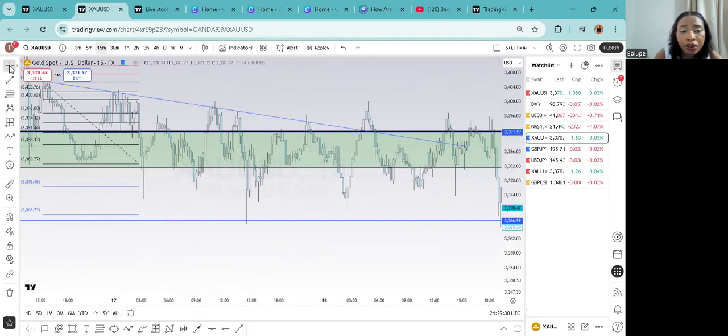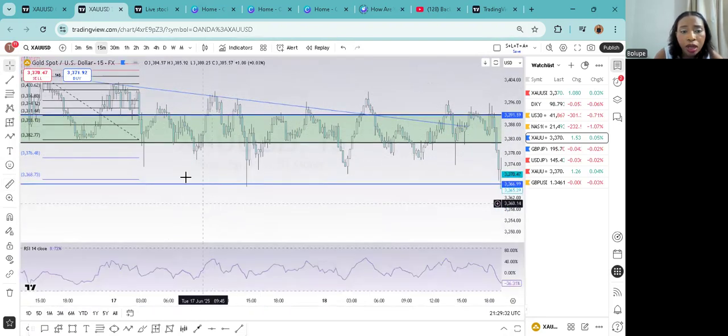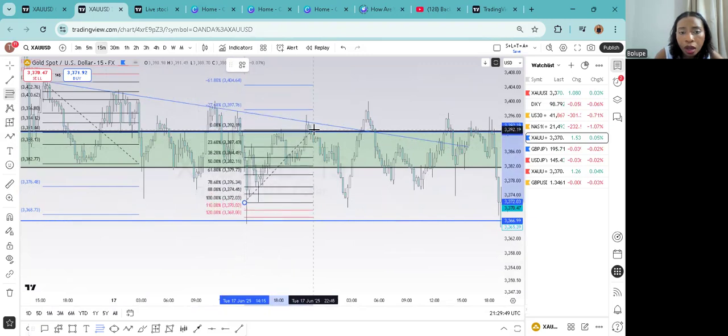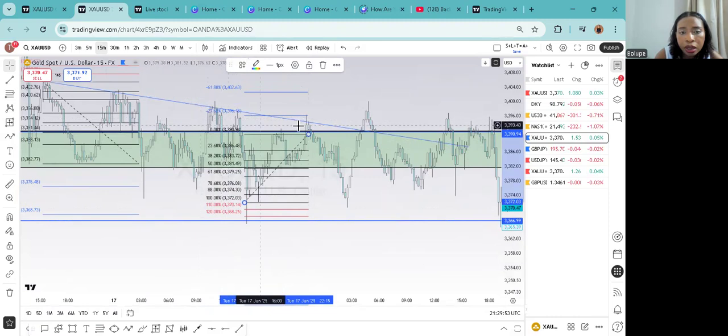Again, another confluence that I knew that this was going to come down was because of this non-divergent structure right here. And then you have this higher low.